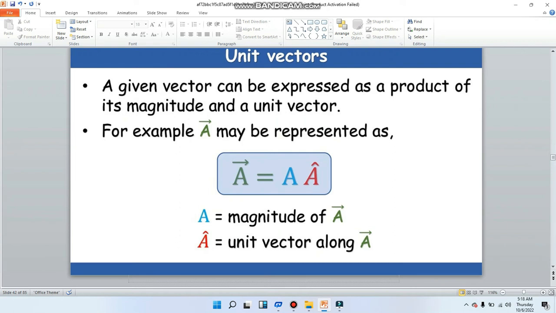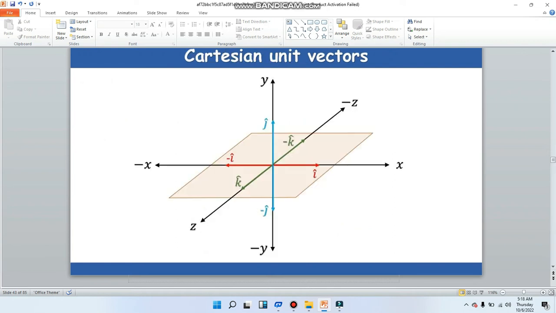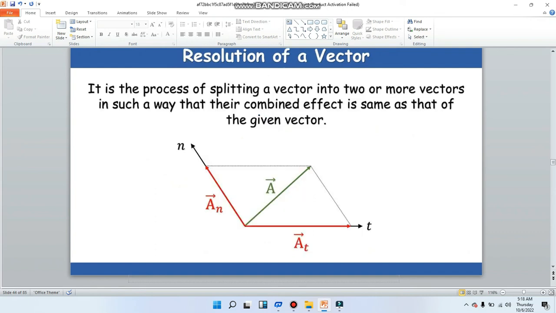A is the magnitude of A and A cap is a unit vector along the vector A. Cartesian unit vectors show the unit vectors in Cartesian coordinates. You can see vector i cap, in the opposite direction minus i cap, in y direction j cap, in opposite y direction minus j cap, in the z direction k cap and minus k cap.